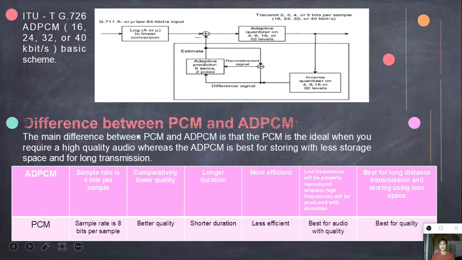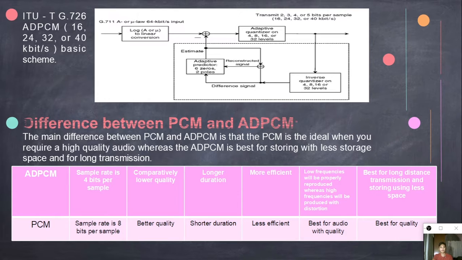Difference between PCM and ADPCM. The main difference between PCM and ADPCM is that pulse code modulation is ideal when you require high quality audio, whereas ADPCM is best for storing with less storage space and for long transmission. So, the comparison of adaptive differential pulse code modulation to pulse code modulation.